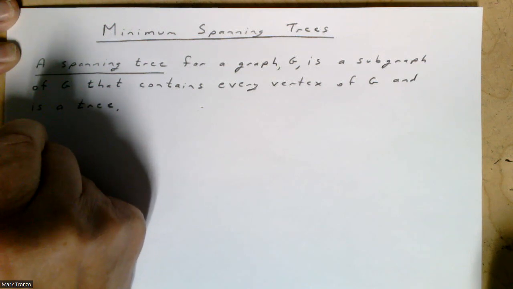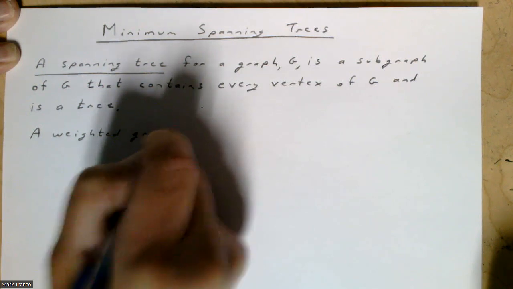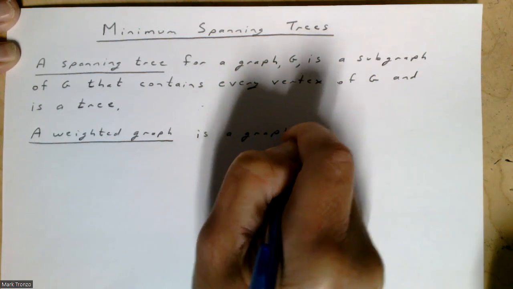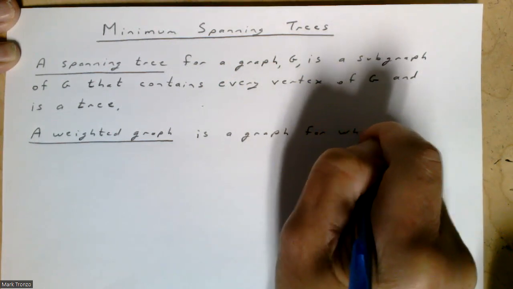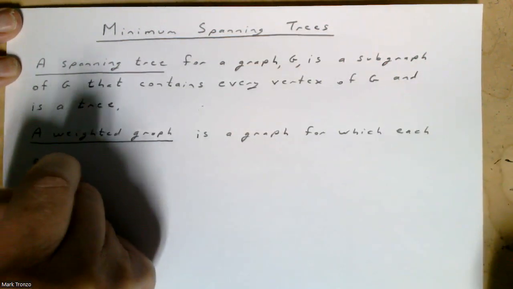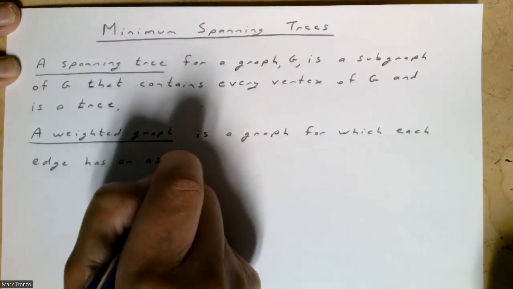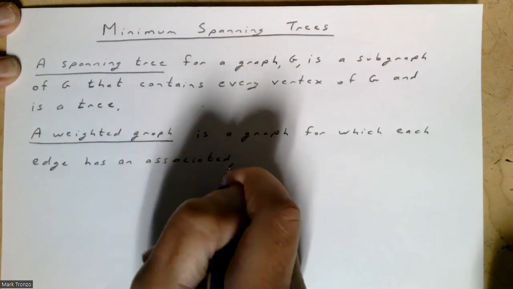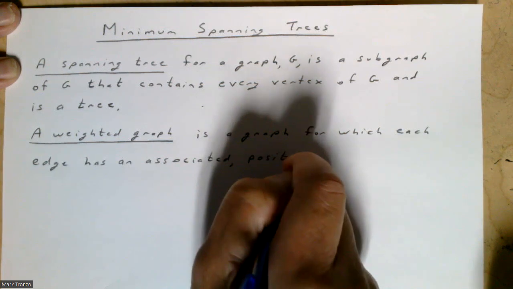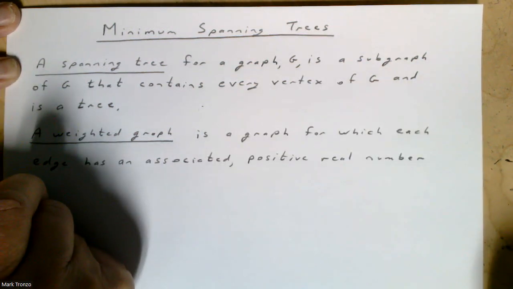And a weighted graph is a graph for which each edge has an associated positive number or real number weight.